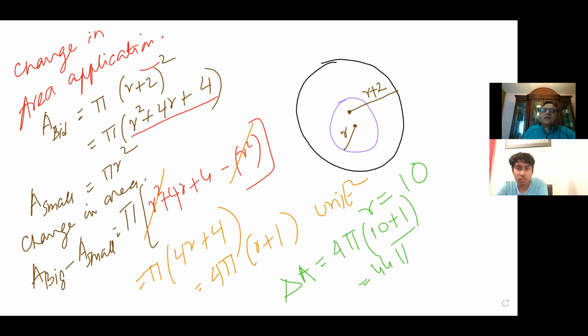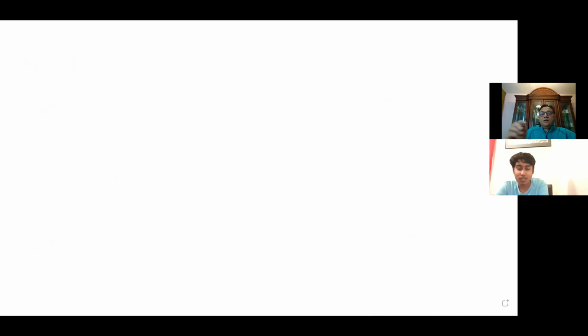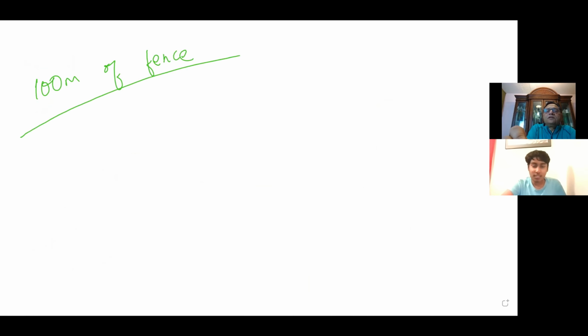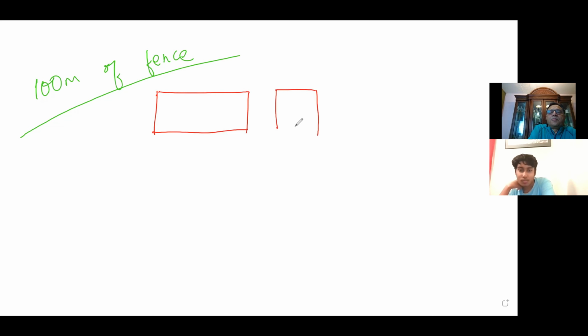Now here is your challenge test question. Let me clear the screen. Let us say you have 100 meters of fence. With this 100-meter fence, you're trying to make different shapes. You make some rectangular shape, some square shape, and a circle shape.